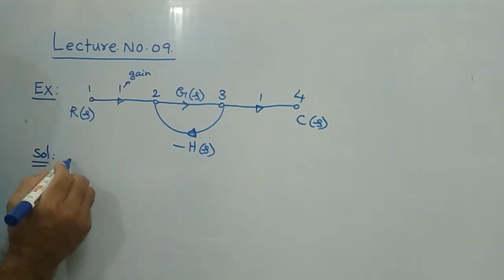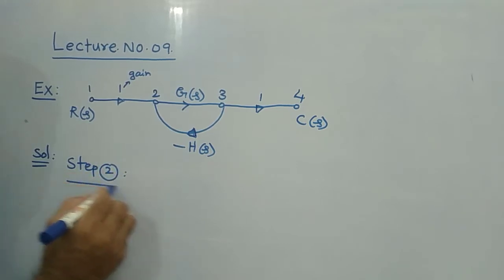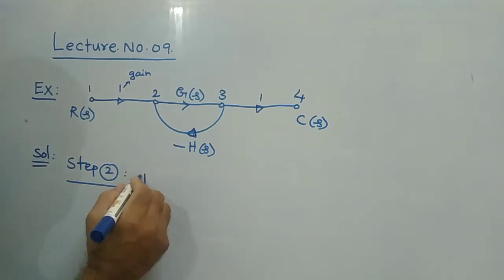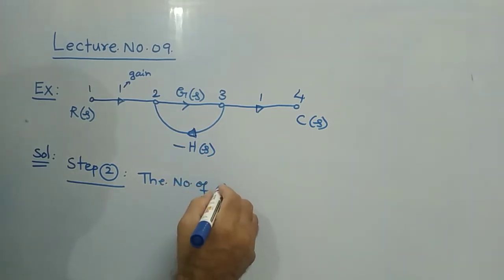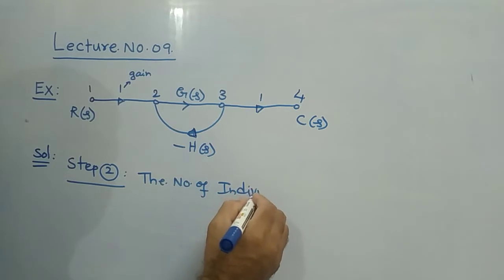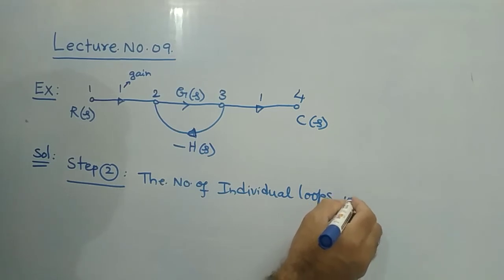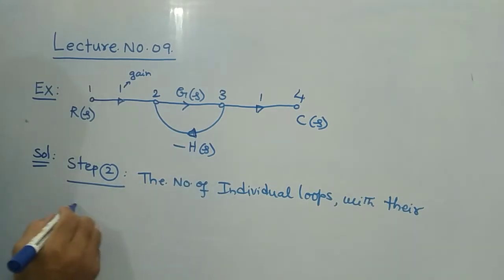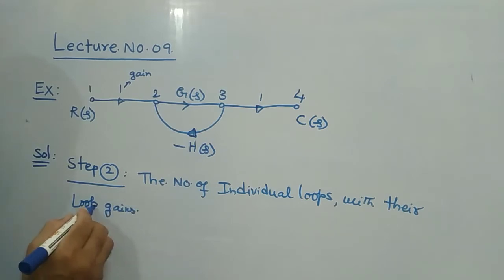It describes the number of individual loops with their loop gains. That is the second step. The number of individual loops with their loop gains.